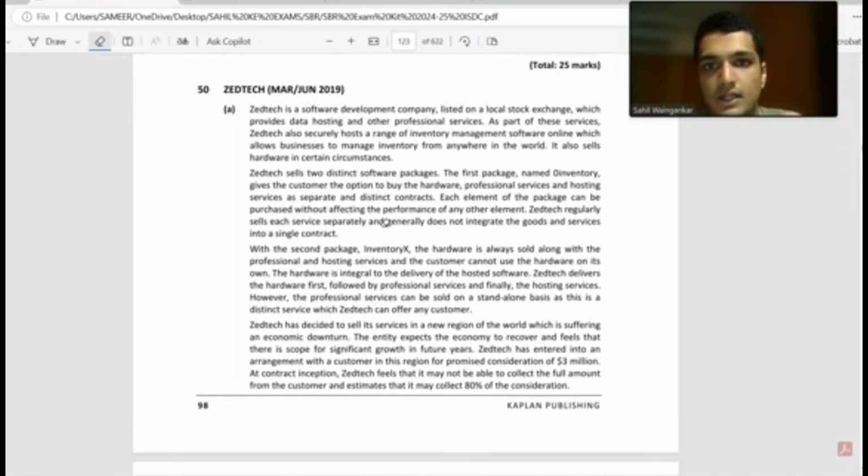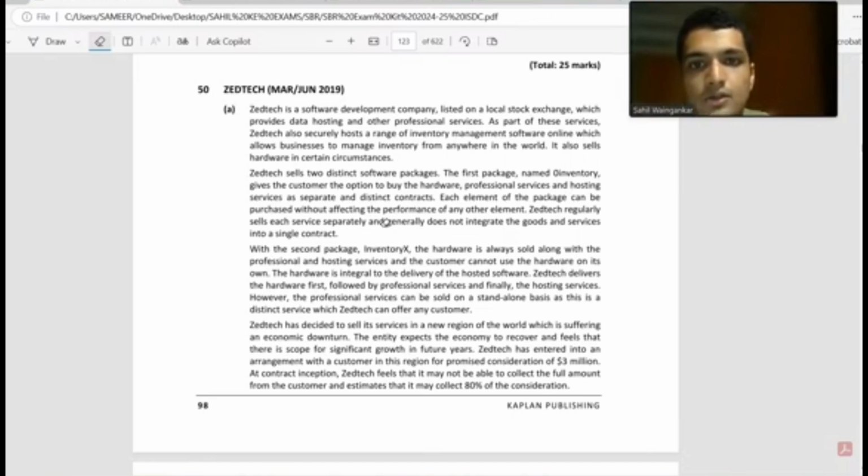First of all, Zedtech is a software development company listed on stock exchange which provides data hosting for other professional services. As part of these services, Zedtech also securely hosts a range of inventory management software online which allows businesses to manage inventory from anywhere in the world. It also sells hardware in certain circumstances.